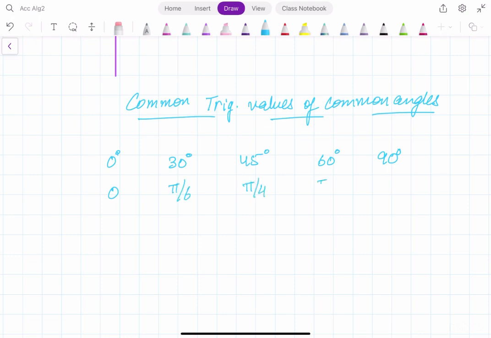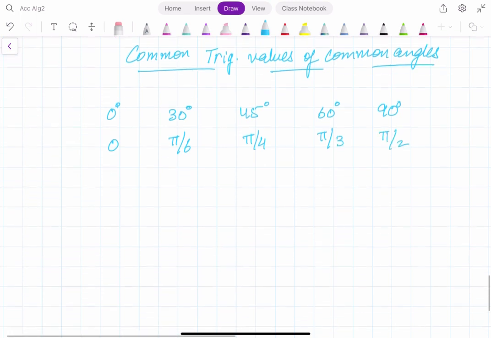In terms of radians, let's write all the values down.